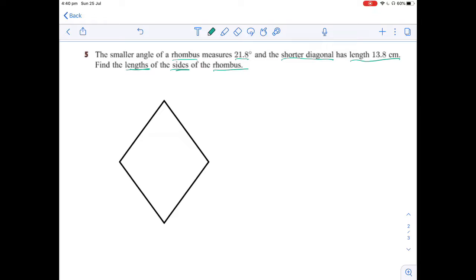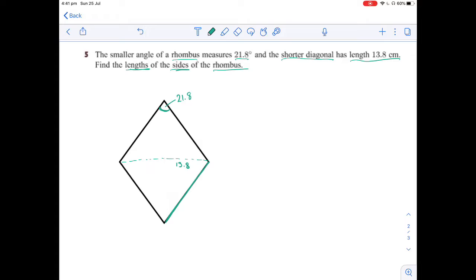So this angle here is 21.8 and the shorter diagonal, so we're looking at this length here, is 13.8, and it wants you to find one of these side lengths of the rhombus.